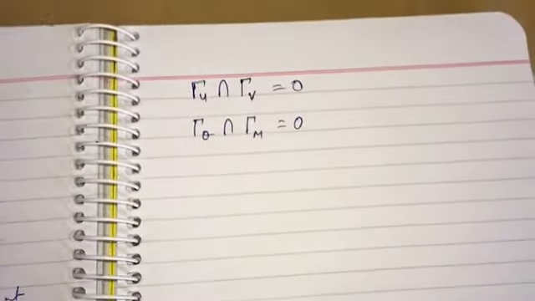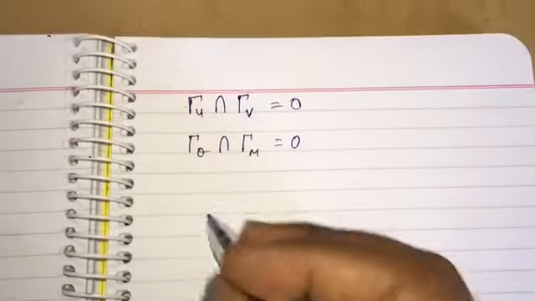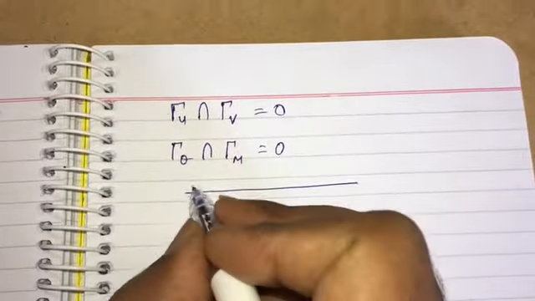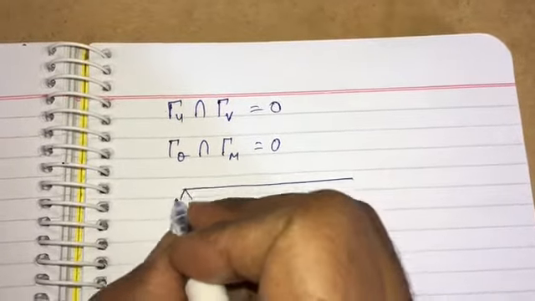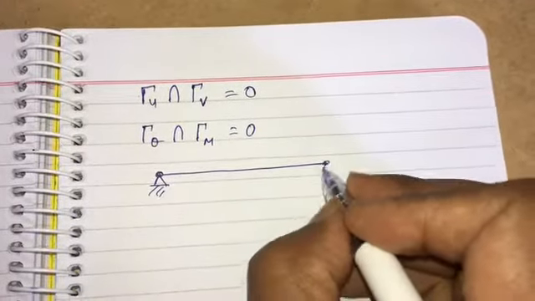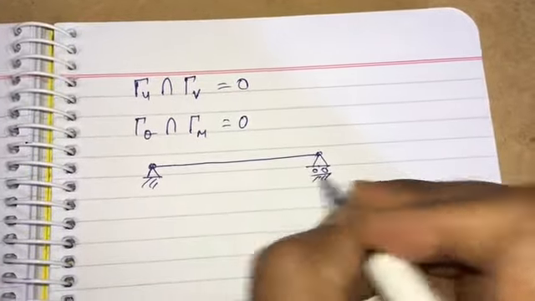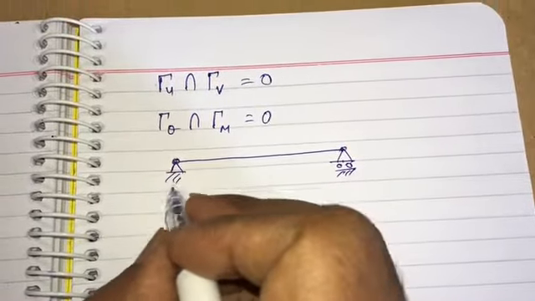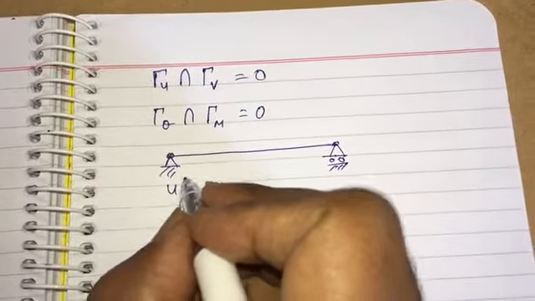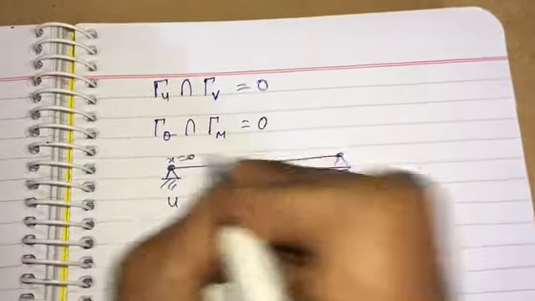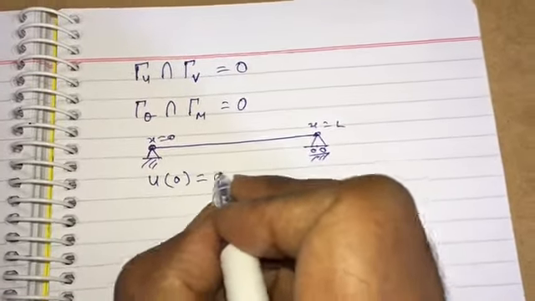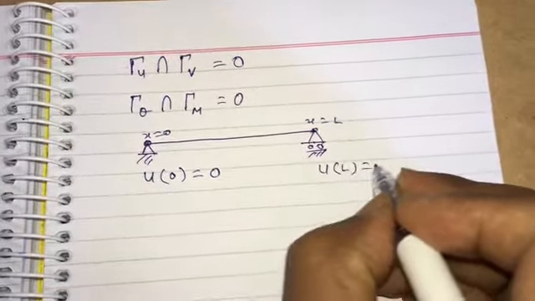Once we know what the boundary conditions are, you should also learn what they mean. Let us say it is a beam like this, simply supported on both sides. Let us say this is x equal to 0, x equal to L, then we say u(0) equal to 0 and u(L) equal to 0.